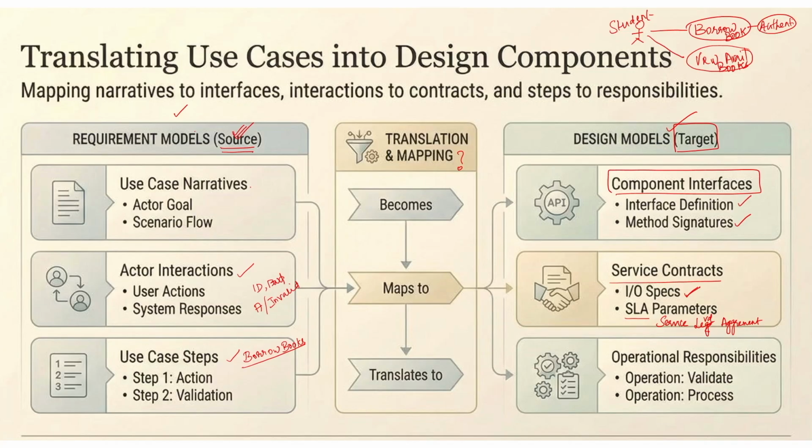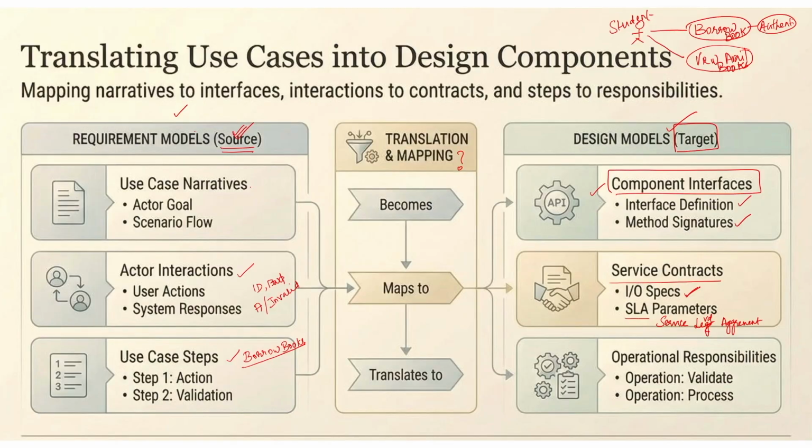The actor interactions are something where a user is going to interact with the system, correct? So that could be mapped with the component interfaces. Where a component is available, a functionality is available, to which you can say who can interface.